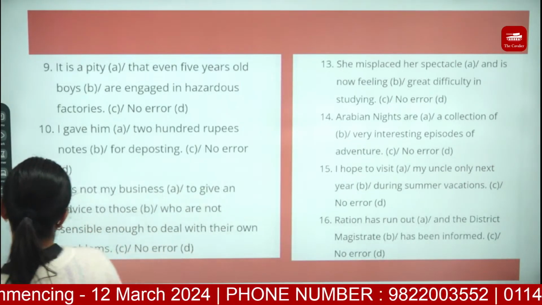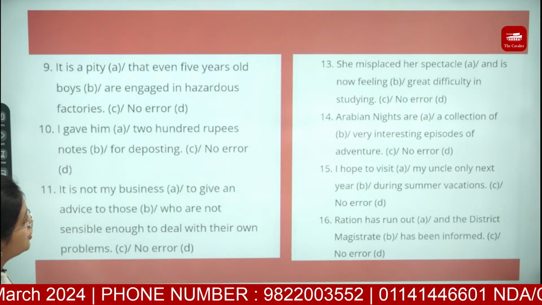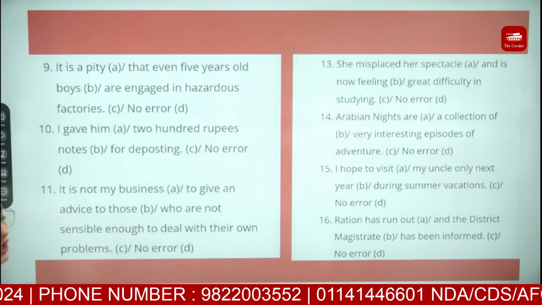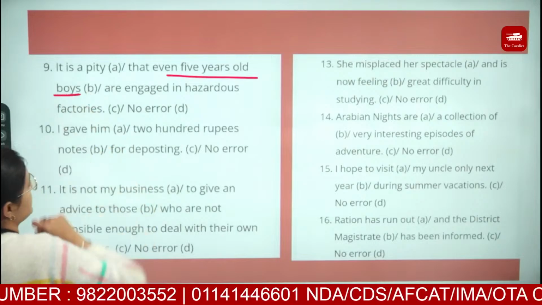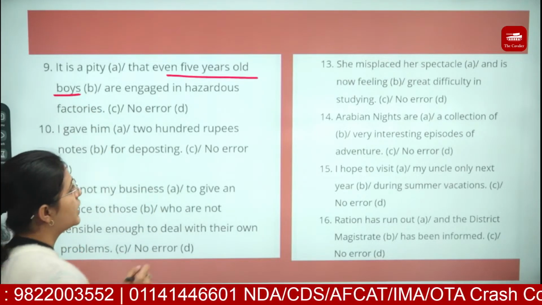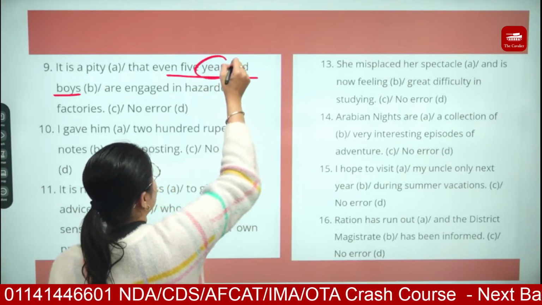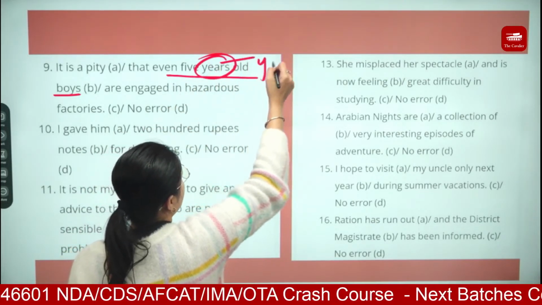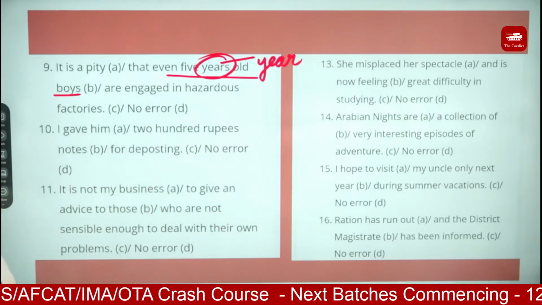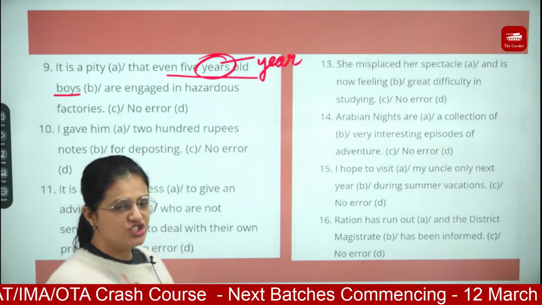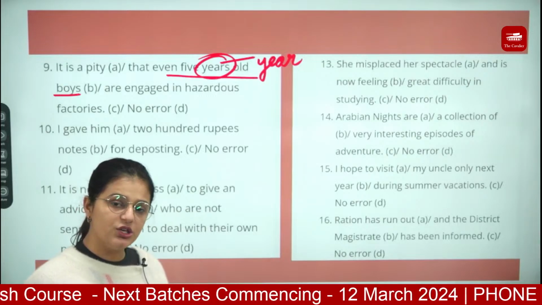It is a pity that even 5 years old boys are engaged in the other's factory. Okay, let's look at this. 5 years old. There are nouns that are used as nouns qualifying another noun. So instead of years, ये singular होना चाहिए. जब कोई noun दूसरे noun को qualify कर रहा है, just as it is acting as an adjective, तो कैसे होगा?